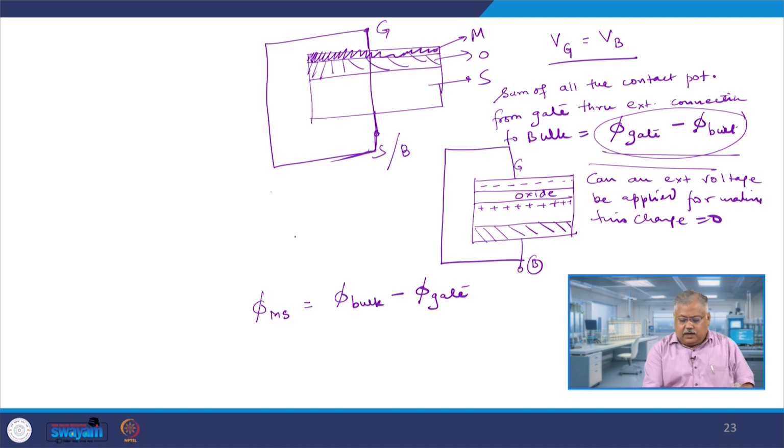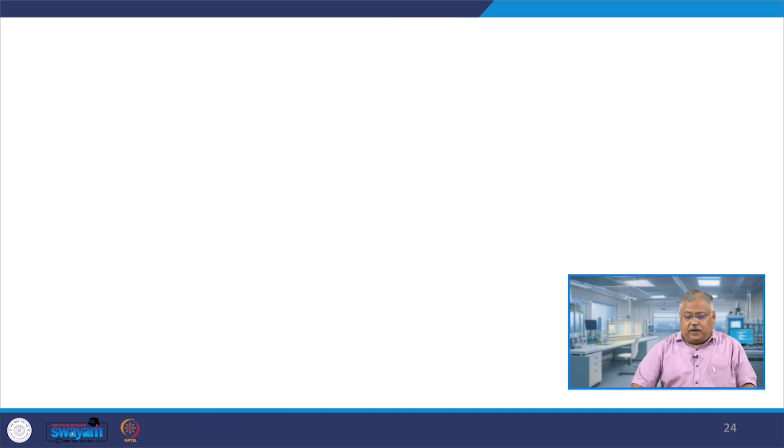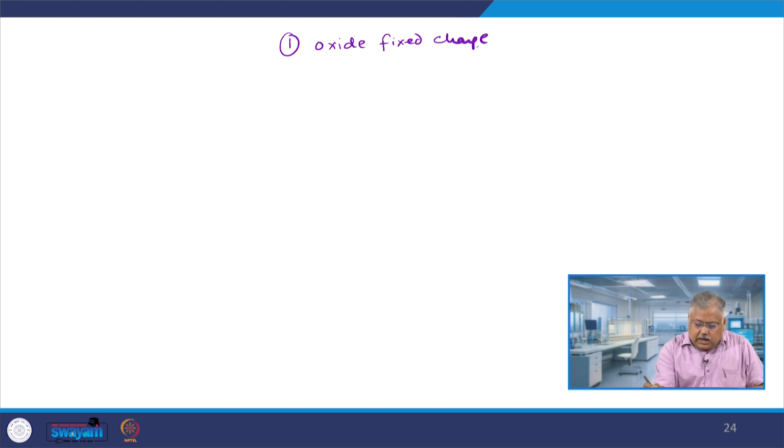What is the first part? I will come to that first part now and show it to you. The first part, of course, is your oxide fixed charge, and these charges exist very close to the semiconductor interface. So, let me show where the semiconductor interface is, right.